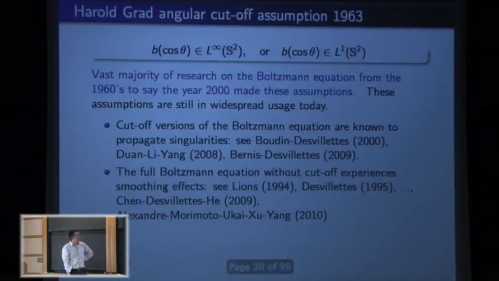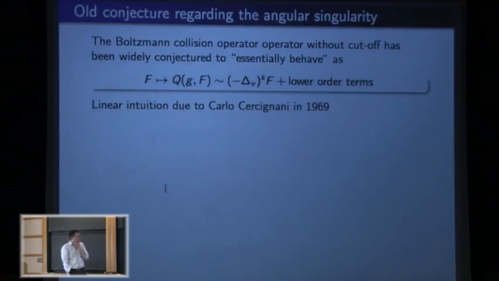I will explain this more right now. Okay, so the Boltzmann collision operator without cutoff has been widely conjectured to behave in this way.